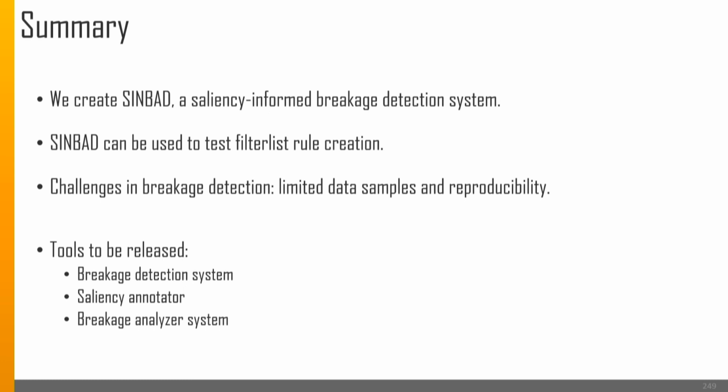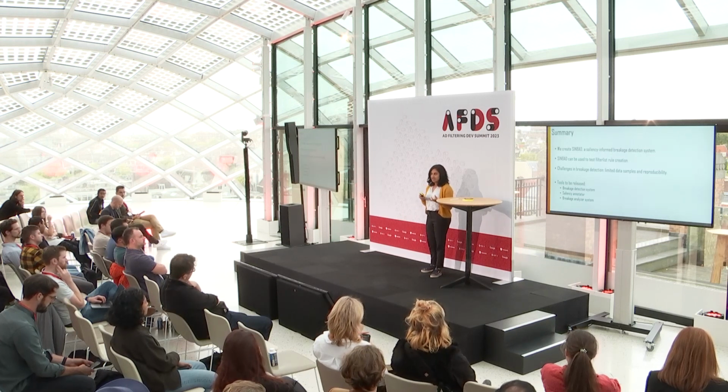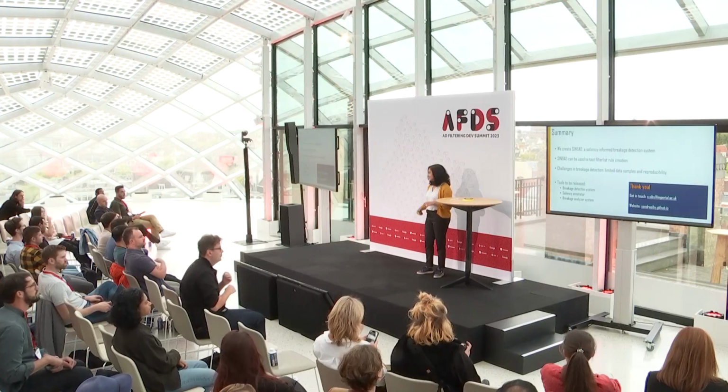For example, we had AutoFR with Hue, which has a breakage component, so you can ideally plug this kind of breakage detection system into that and help form filter list rules and also detect breakage on the side. Thank you very much, and I'm happy to take questions.